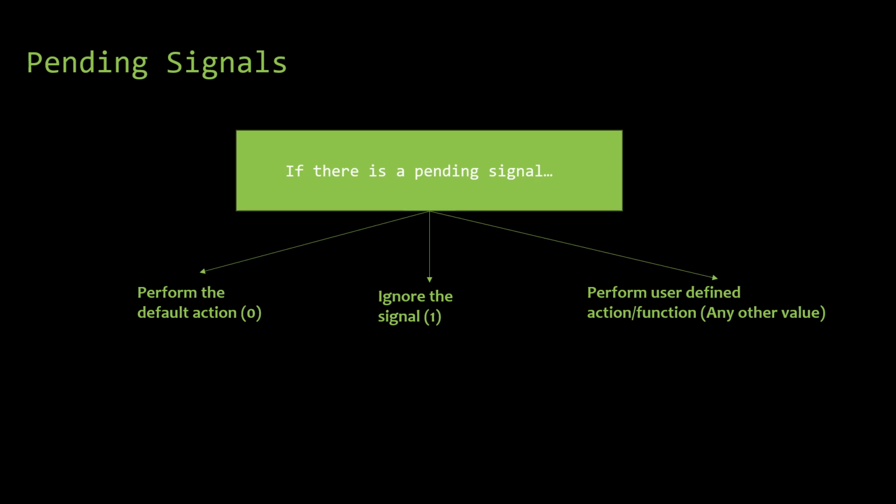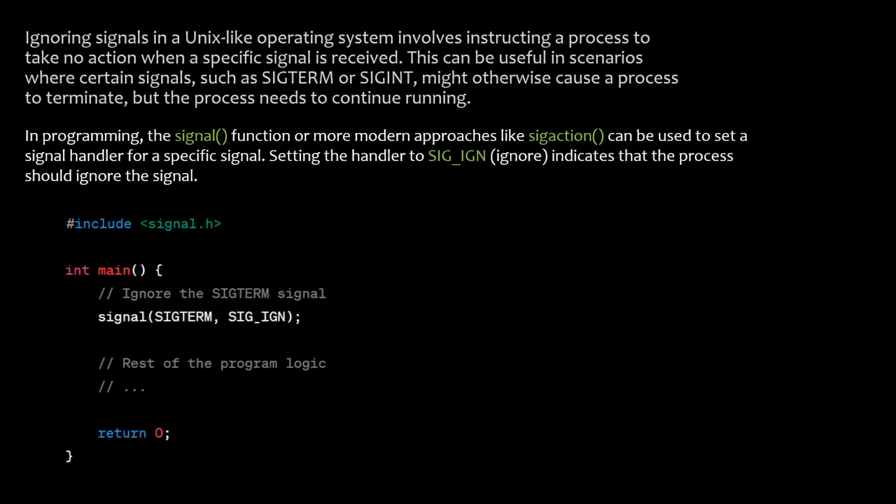Since the topic of this presentation is ignoring signals, we'll be looking at the middle case. So ignoring signals in a Unix-like operating system involves instructing the process to take no action when a specific signal is received. This can be useful in scenarios where certain signals, such as SIGTERM or SIGINT, might otherwise cause a process to terminate, but the process needs to continue running.